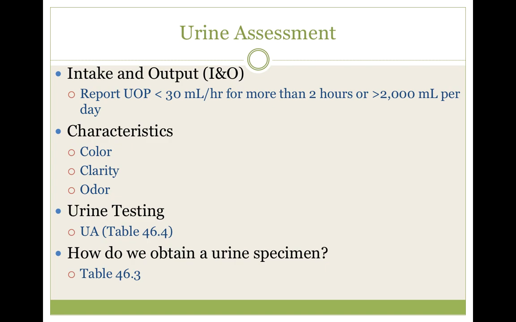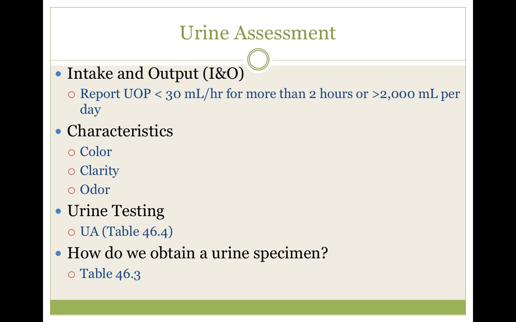Urine testing is on table 46.4. You can see the different types of urine testing. Table 46.3, you can see the different types of specimens that you collect, and then 46.4 is going to discuss what information you can see in a routine urinalysis.